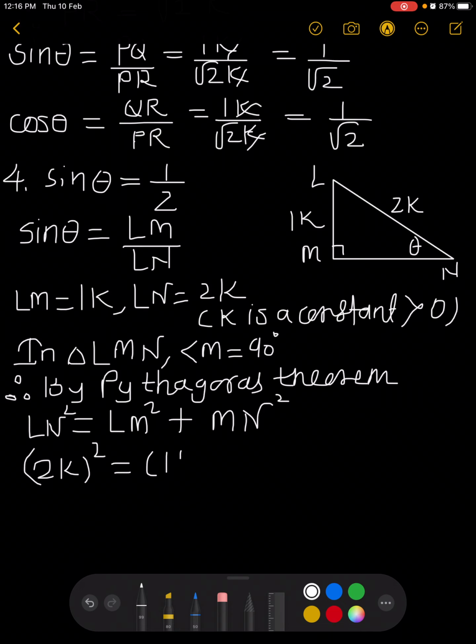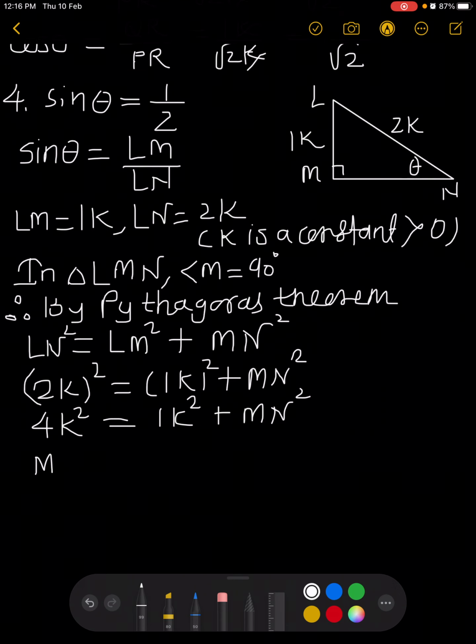LM is one side, 1K is the number, plus MN square. We are going to write here square of 2K as 4K square, 1K square and MN square. We are going to subtract in the next step two terms, 4K square and 1K square. The difference of these two terms is 3K square.